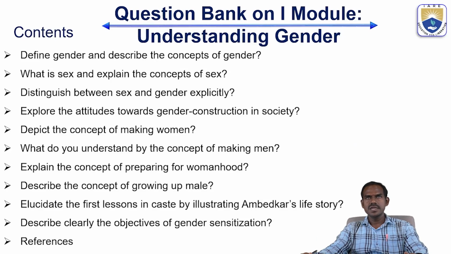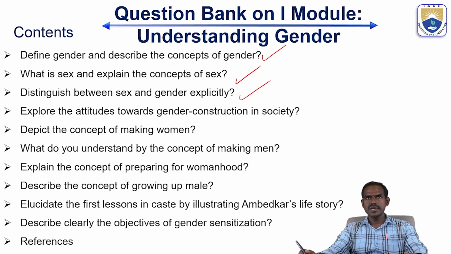First question, define gender and describe the concepts of gender. Second question, what is sex and explain the concepts of sex. Third question, distinguish between sex and gender explicitly. Explicitly means clearly.